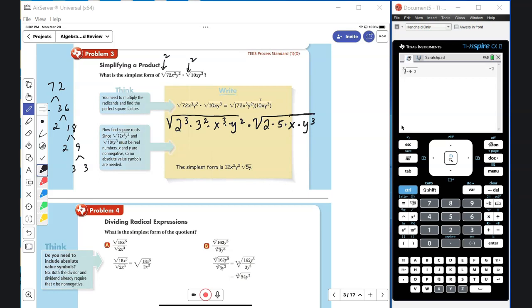So what we have here is 2 to the third times 2 to the first is 2 to the fourth, times 3 to the second, and we have x to the third times x, which gives us x to the fourth, times y to the fifth.